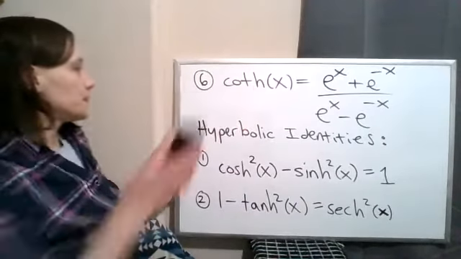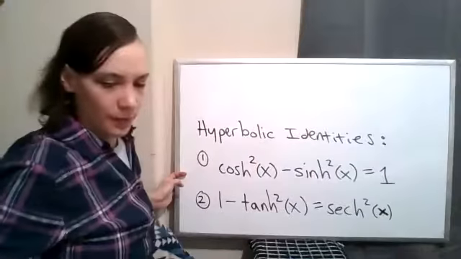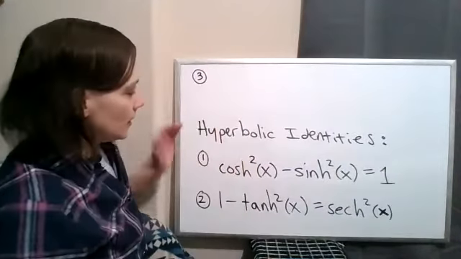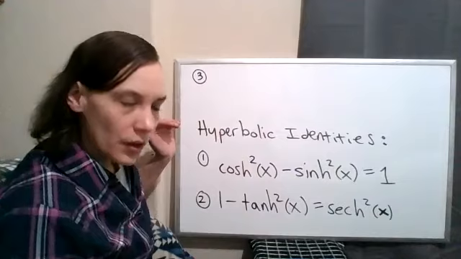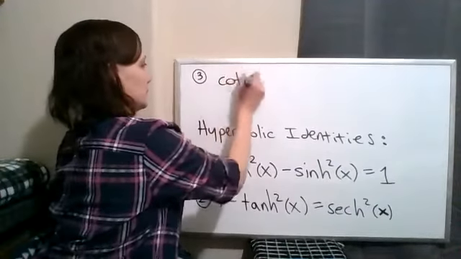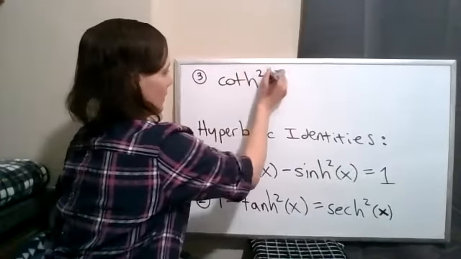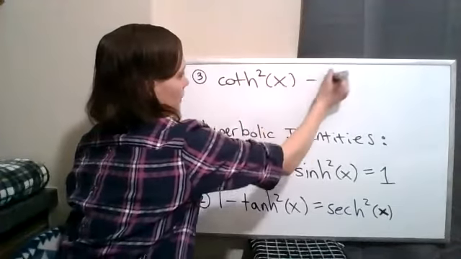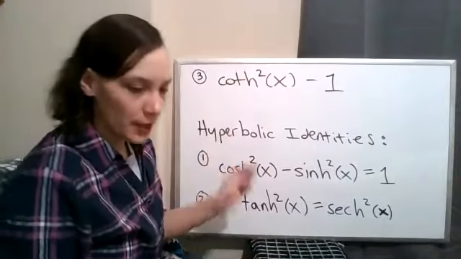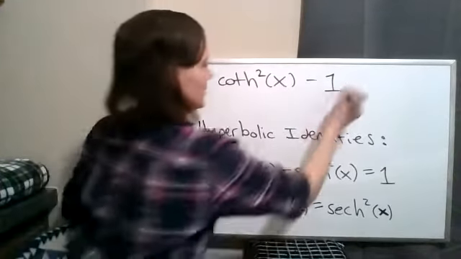One more. We're going to have hyperbolic cotangent squared of x, subtract 1. And that's equal to hyperbolic cosecant squared of x.